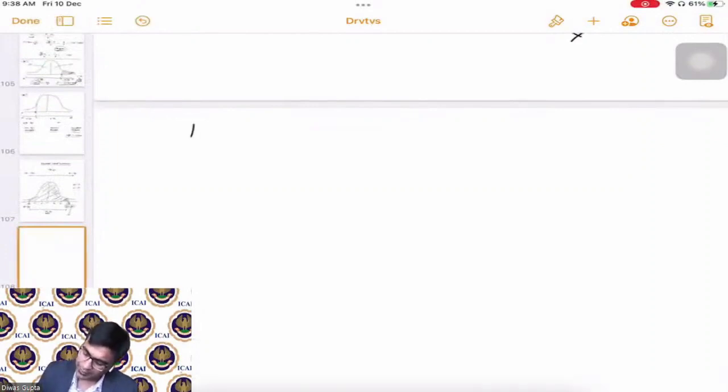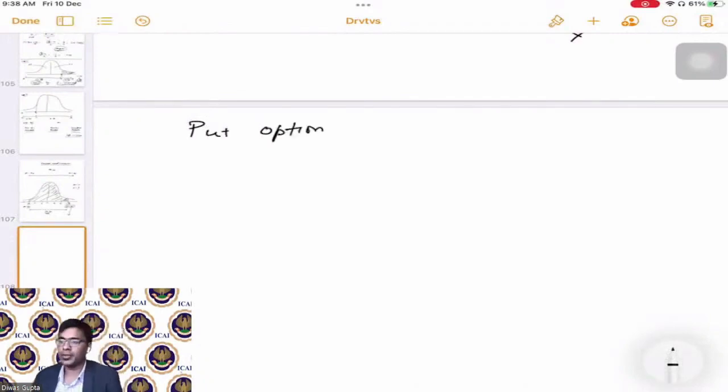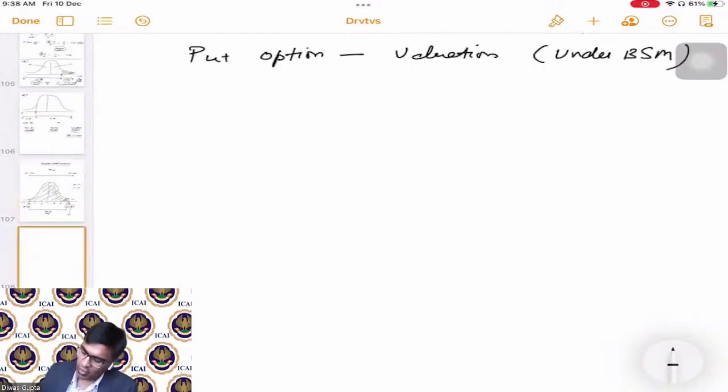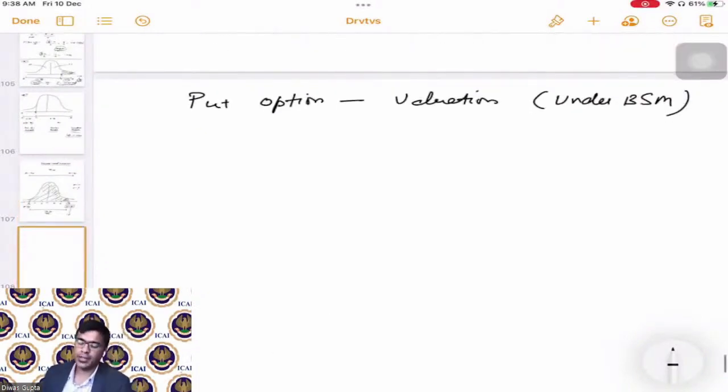Now, coming to the put option. This was also one of the questions, how to value a put option, correct? Now we are covering put option valuation under the Black-Scholes model. Already we have seen the call option valuation. Now put option valuation.